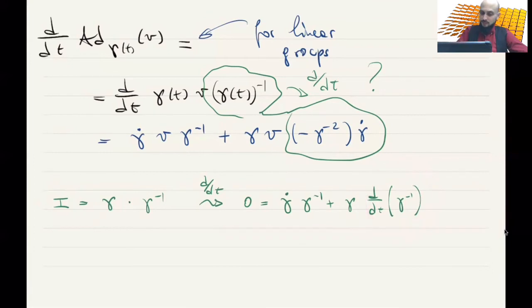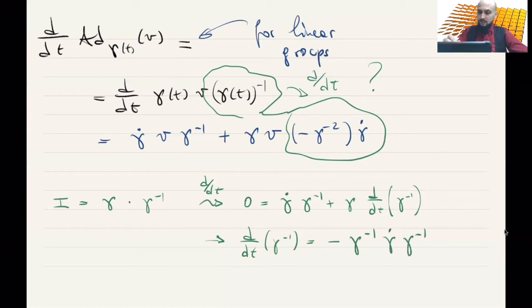Now what do I get is that d over dt of gamma minus 1 is equal to, okay, bring on the other side, I have minus, I have to multiply on the left by gamma, so I have gamma minus 1, gamma dot, gamma minus 1.